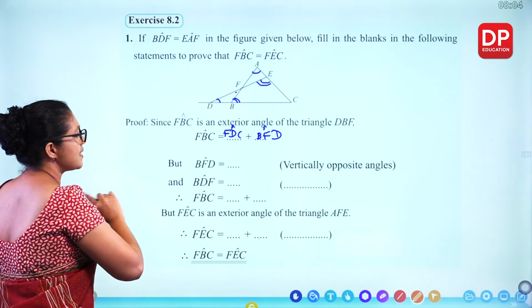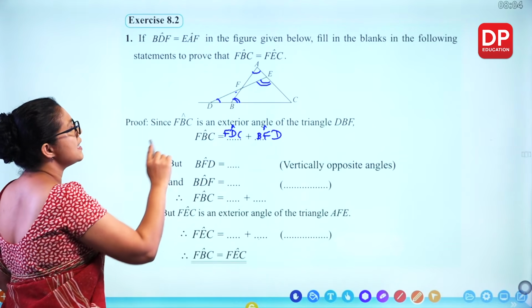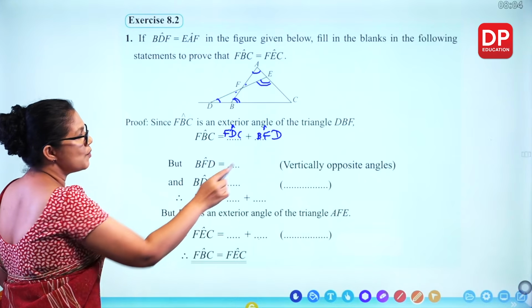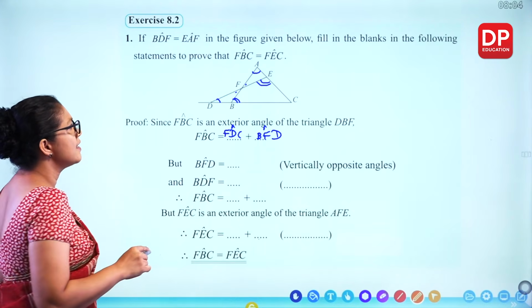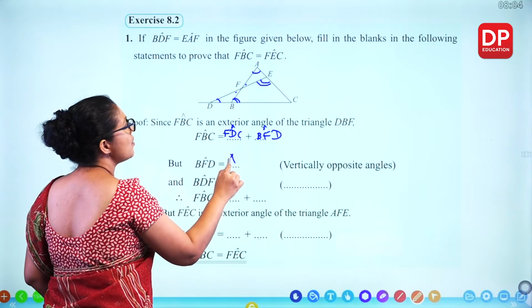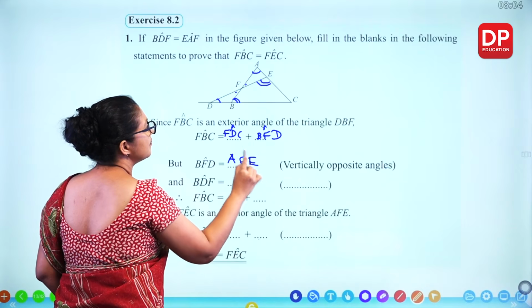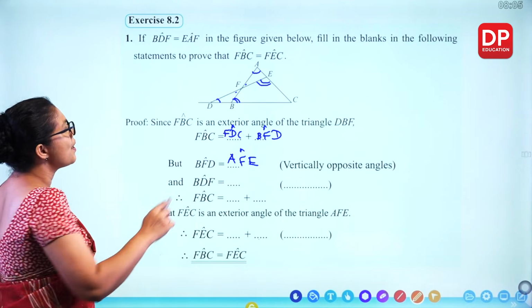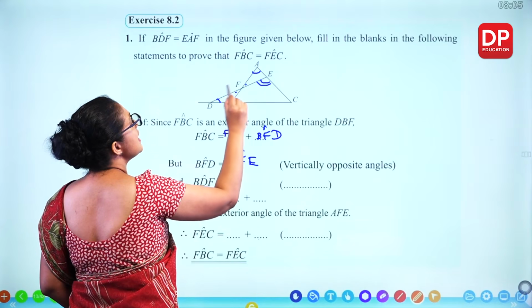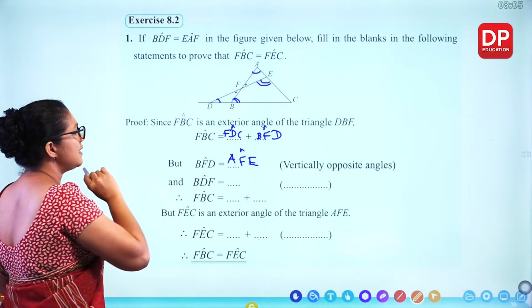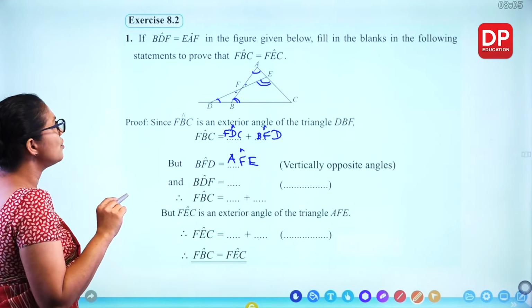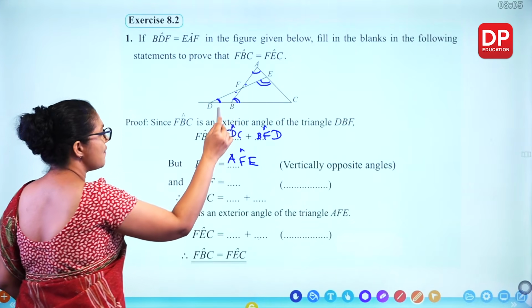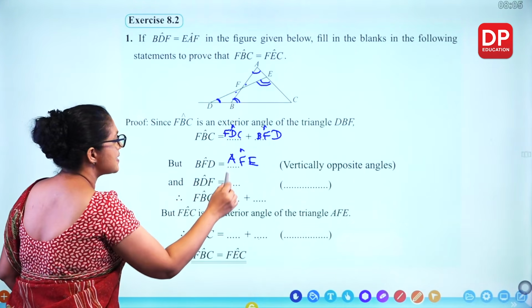Then it says BFD angle is equal to this angle, vertically opposite angles. So I can write this is equal to AFE. Then BDF, this angle is equal to this angle, it's given, BAC.